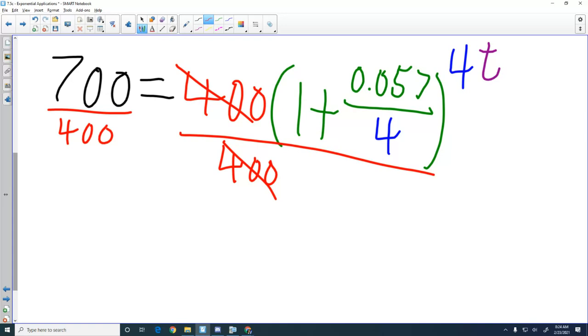So 700 divided by 400 gives us 1.75 equals, if you want, you can do this calculation in the parentheses, 1 plus 0.057 divided by 4.